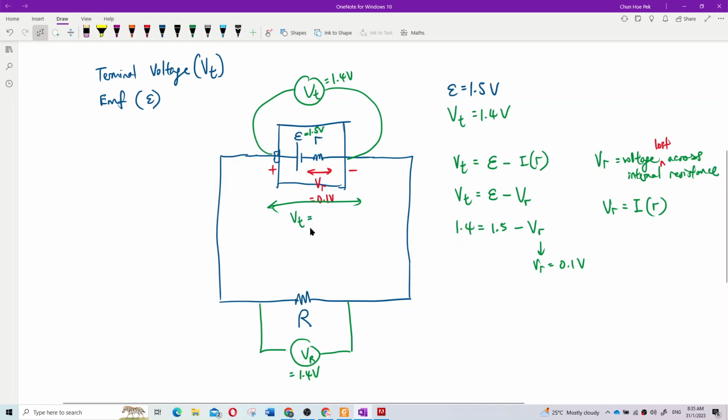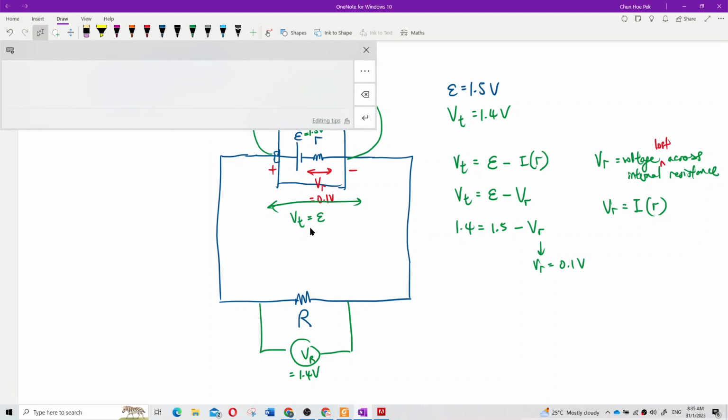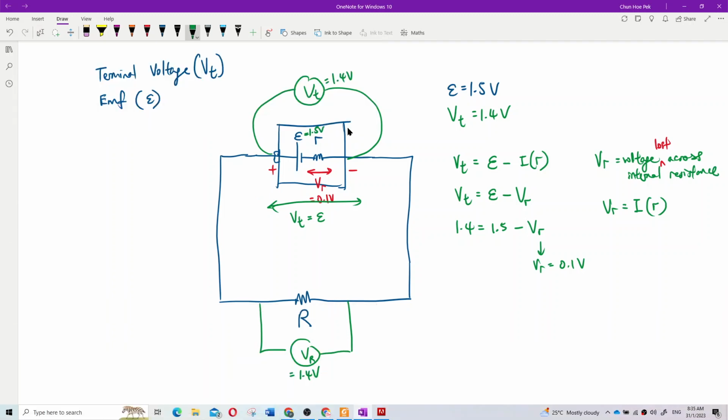It is equal to EMF minus the voltage loss across internal resistance, which is 1.5 volt minus 0.1 volt. That's why you get 1.4 volt. So the external resistor gets 1.4 volt, class.